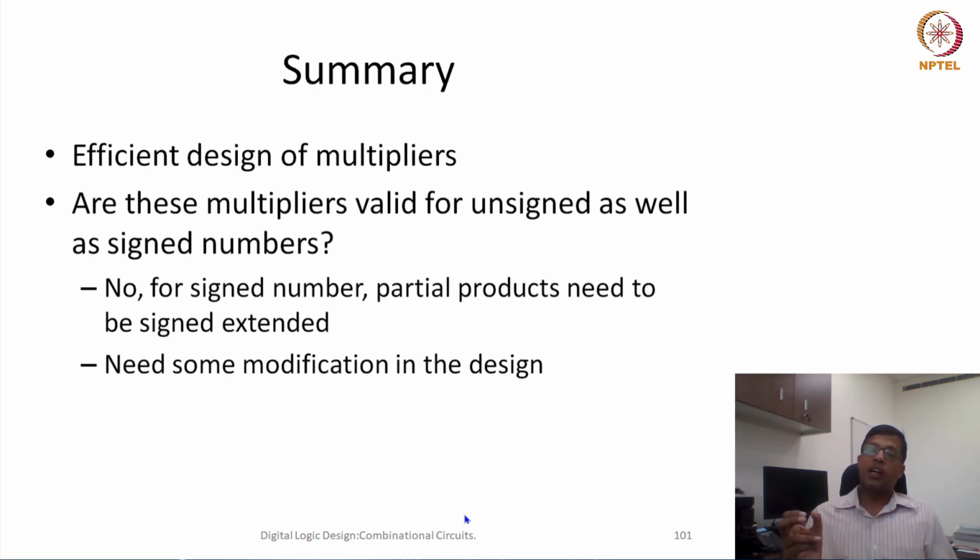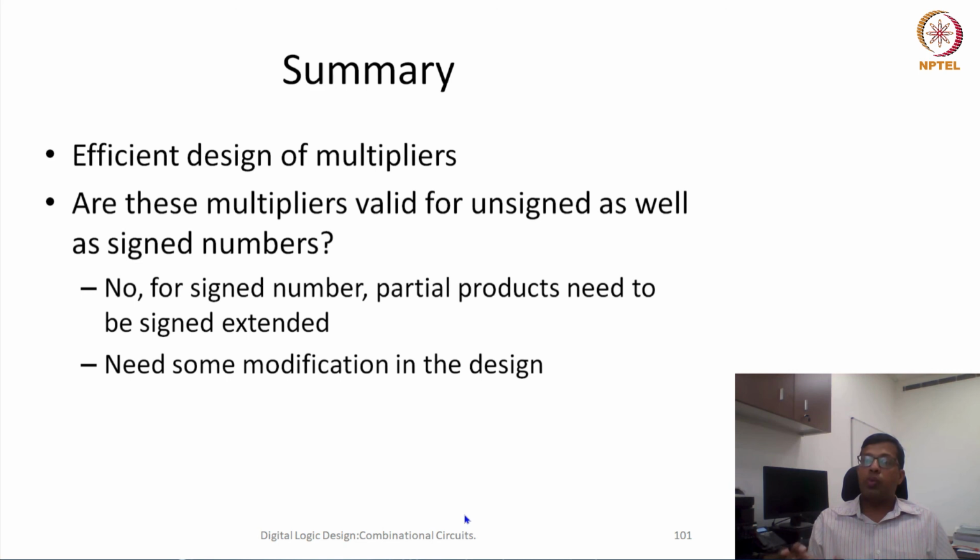Essentially, let us say my multiplicand was negative and the multiplier was positive or negative, it doesn't matter. If the multiplicand was negative, consider a 4 cross 4 multiplication. The first partial product, after multiplying with the 0th bit of the multiplier, is a 4-bit number.